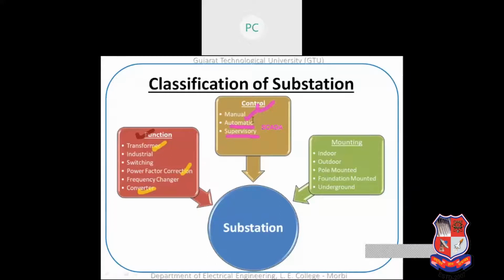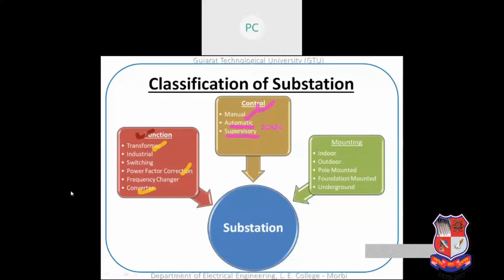We had to go to the switch yard and then switch the devices on and off. Next is automatic, where we have placed a specific mechanism which operates automatically when the value of the actuating quantity changes. And after that is supervisory, where we monitor and control everything from a simple computer, right? So this is the second type of classification.